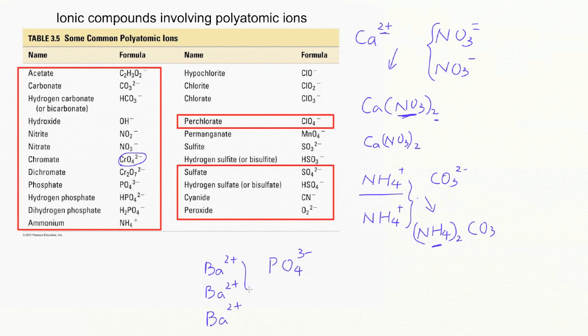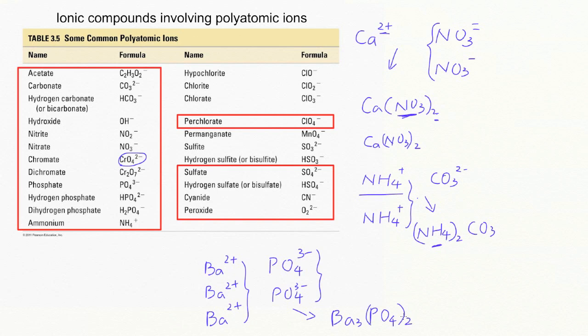Now you have 3 barium 2+. How many phosphate you need to balance the charge? You need 2 phosphate 3-. Okay, you need 2. So now it gives you barium 3 phosphate 2. Again, because we have more than 1 phosphate, we use a parenthesis.